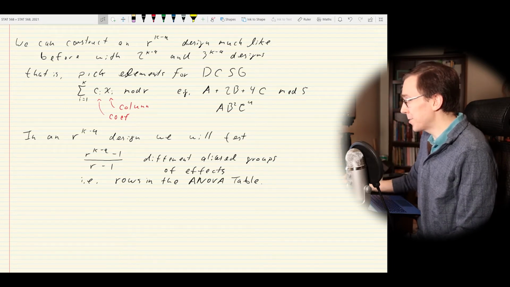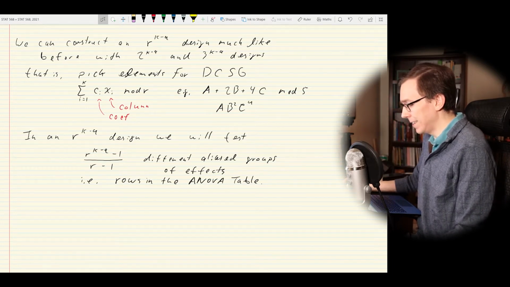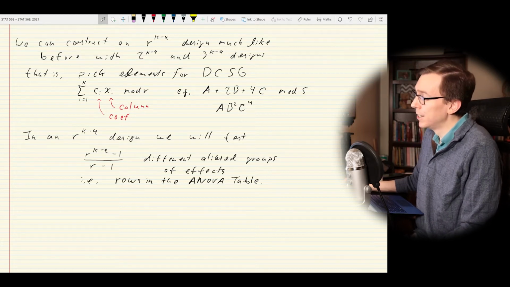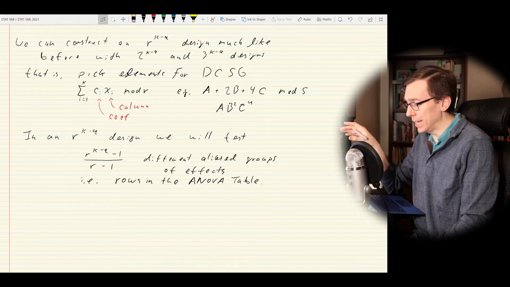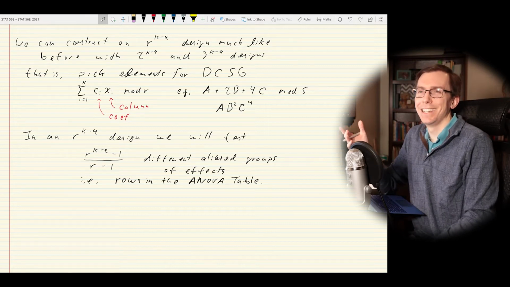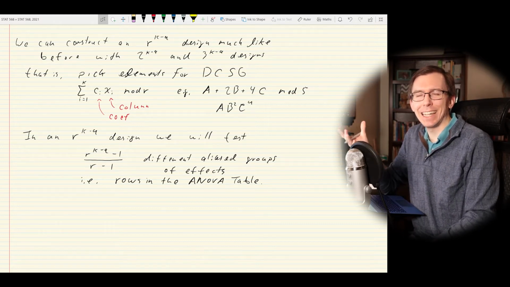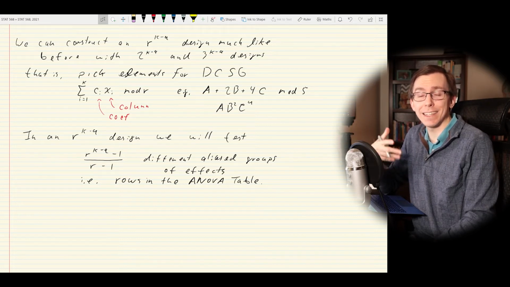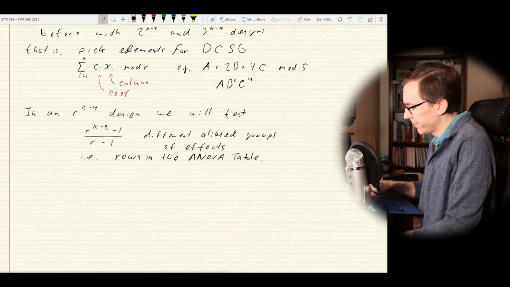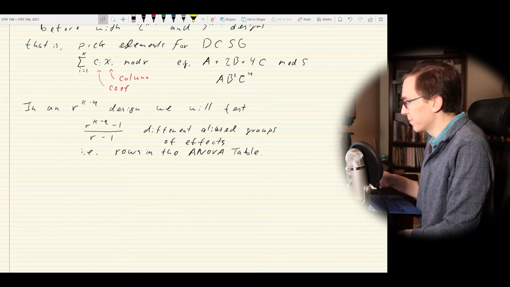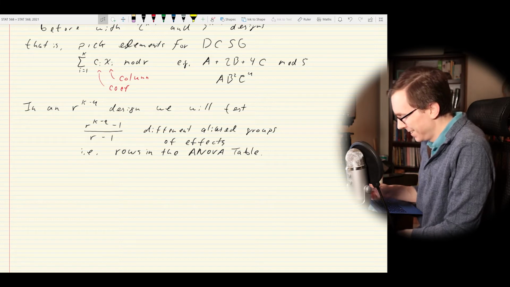Yeah, so there's not really too much else to say in this case. It's really just that we can extend it. So what I want to do is look specifically at 5- and 7-level designs, because they're the most common ones you would see. They're still much less common than the classic 2 to the k or 3 to the k designs, but it's good to at least look at them a bit and how you might go about them in practice.